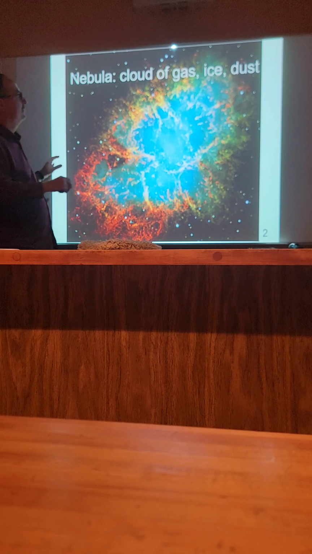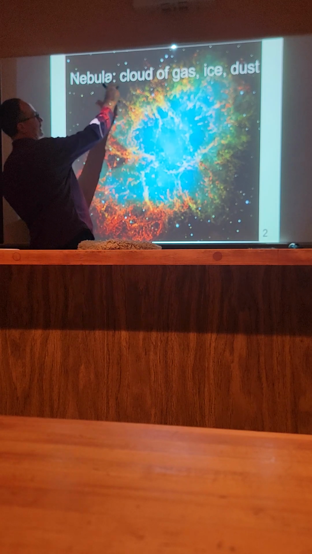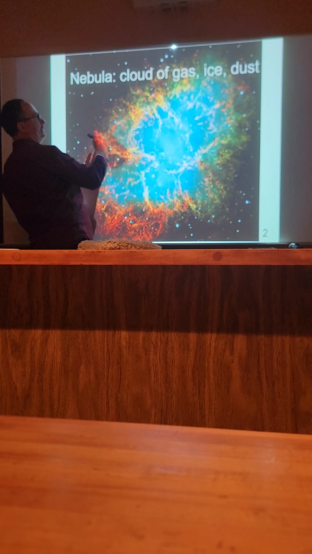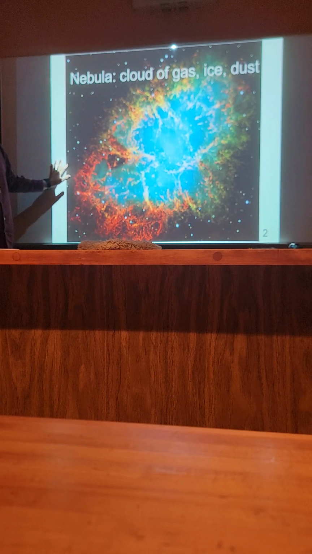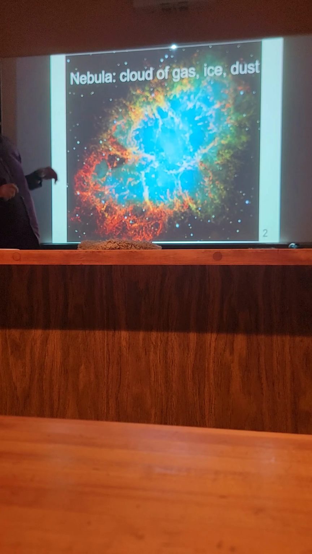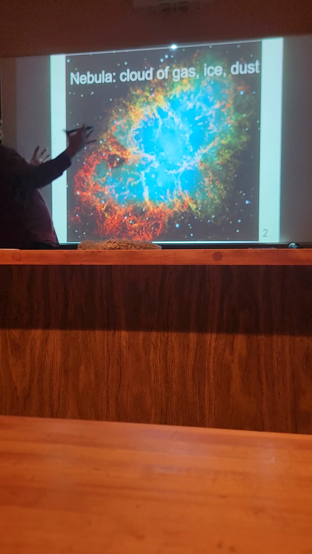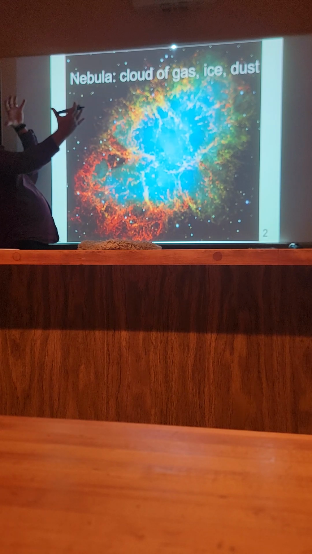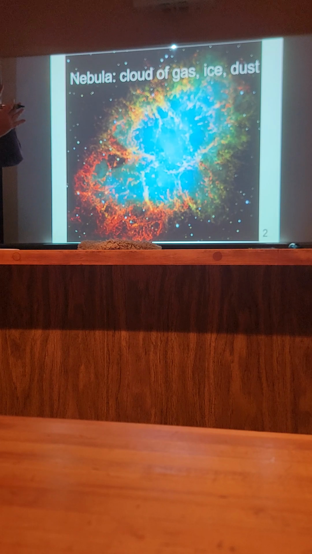Those are water vapor clouds. Although nebulas in space, nebulae, do have water in them. A nebula in general is just this cloud, this collection of gas, ice, and dust. And it's all kind of loosely held together by gravity.